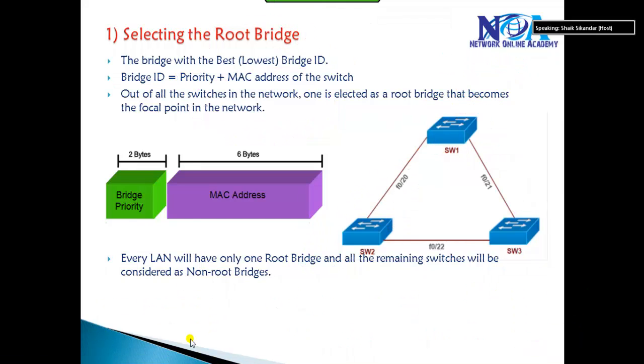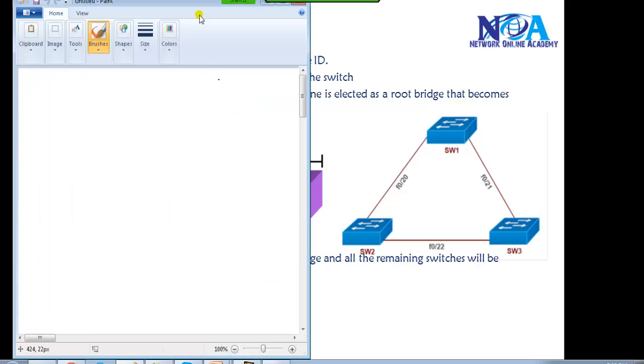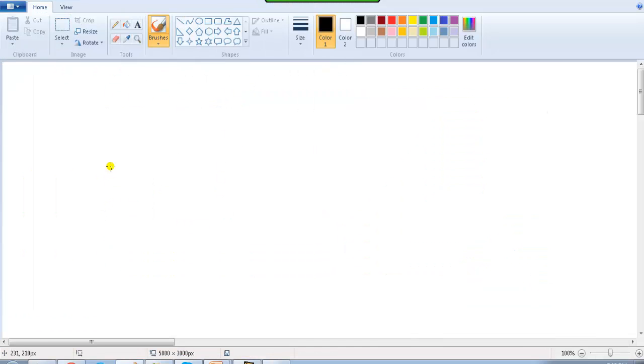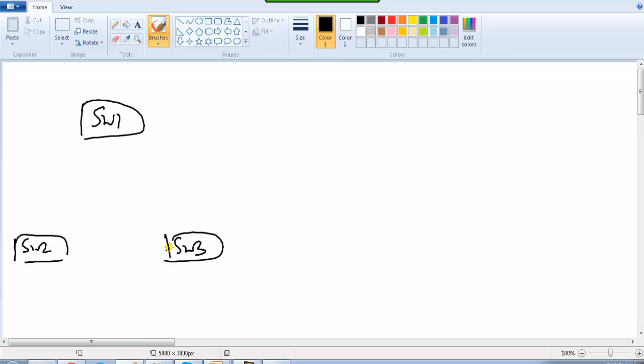Let me draw the same diagram here to go through the step-by-step process. In my scenario, I'm going to take three devices, switch 1, switch 2 and switch 3, and I'm assuming the MAC addresses are 0001, 0003 and 0002, and that the priority value is the same, which is the default.